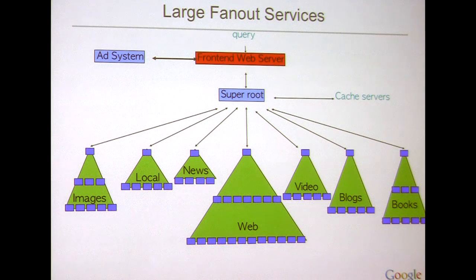So just to give you a sense, a query comes into one of our data centers, and in order to assemble the data on the results page, there's a huge amount of subsystems that need to be involved. Our ad system is one thing that actually has 150 subsystems itself that I just folded into one little box. The search system itself has lots of different kinds of subsystems for searching different kinds of information, combining these things.